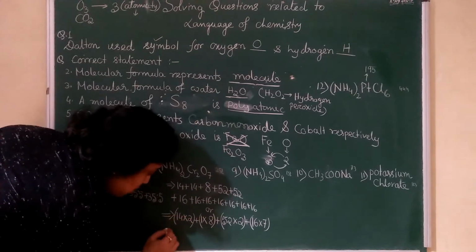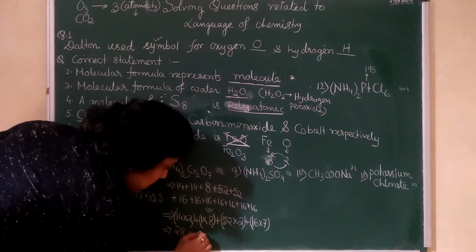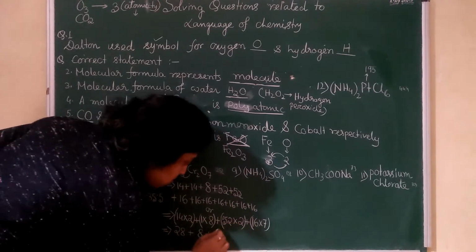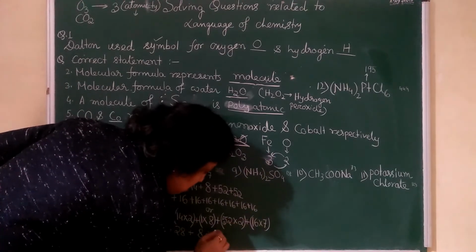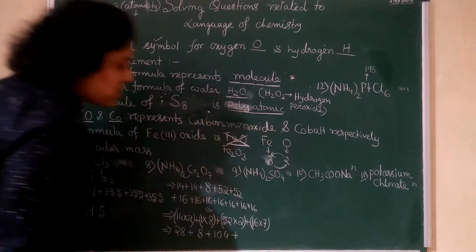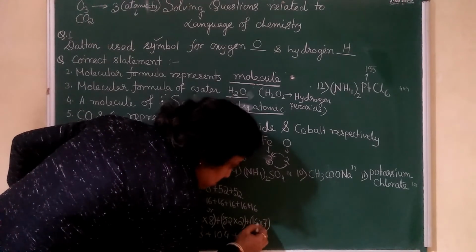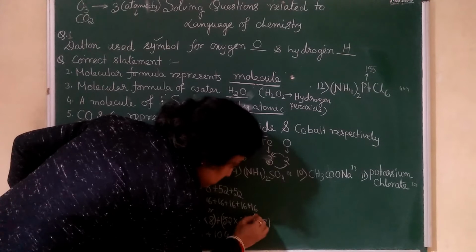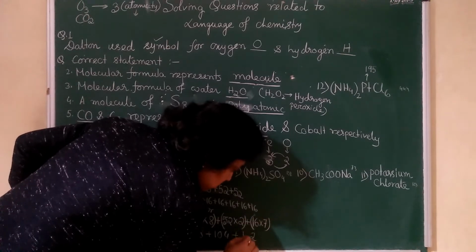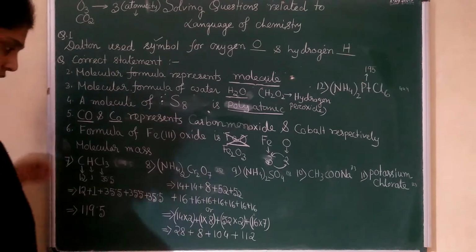So the multiplication works: 14 twos are 28 plus 8 plus 52 is equal to 104, plus 7 sixteens will be 112. Okay. So how much are you getting?